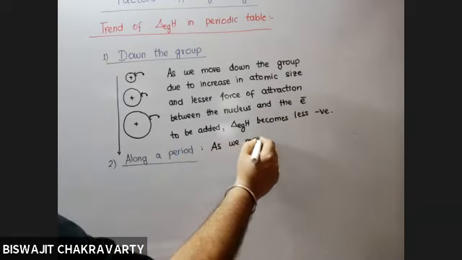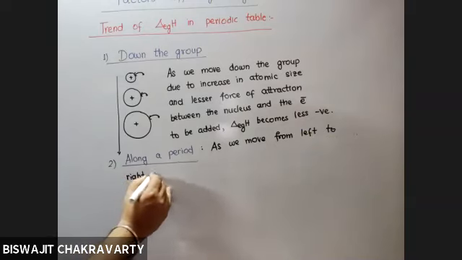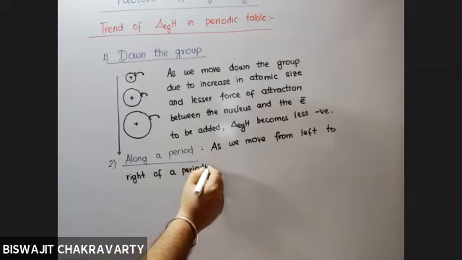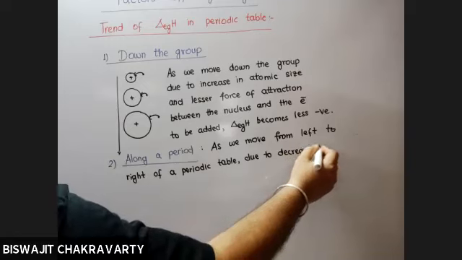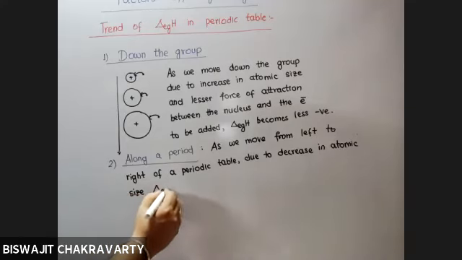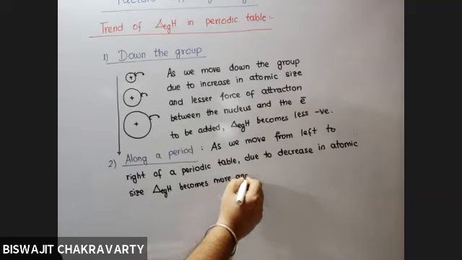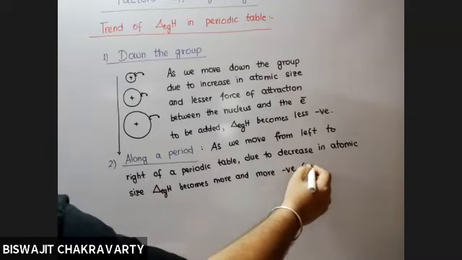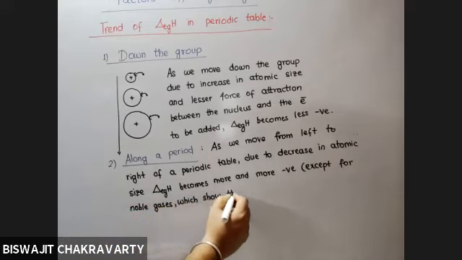So as we move from left to right of a periodic table, due to decrease in atomic size, delta EGH becomes more and more negative, except for noble gases, which show positive values.